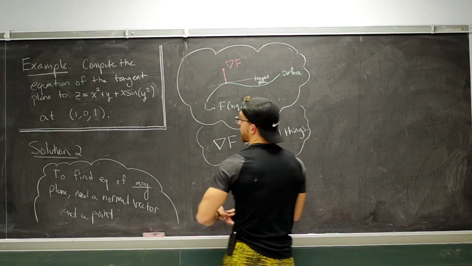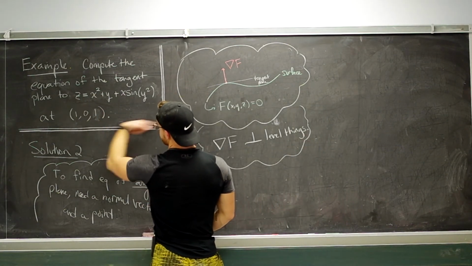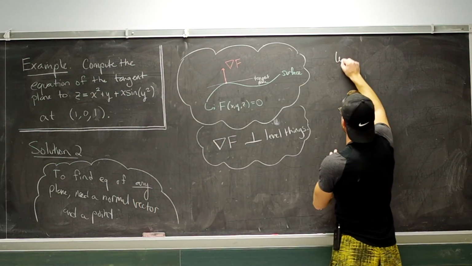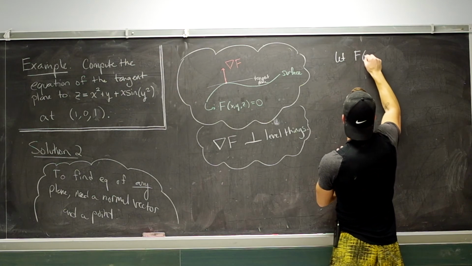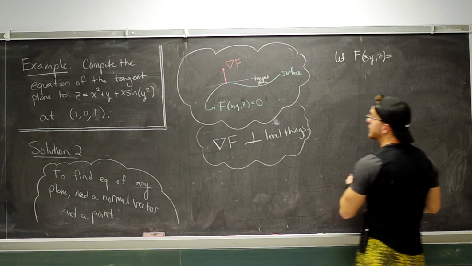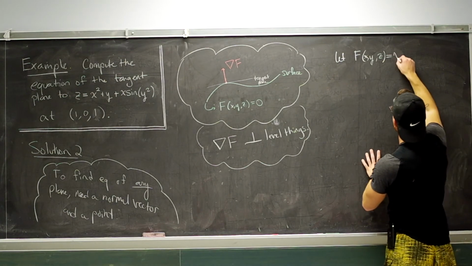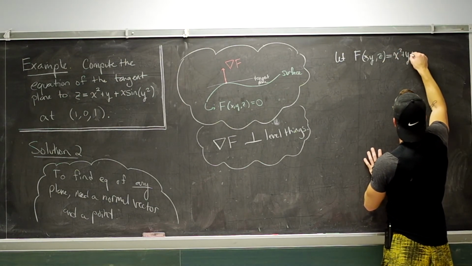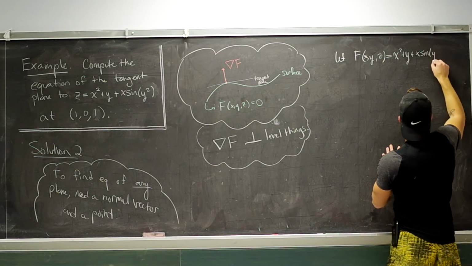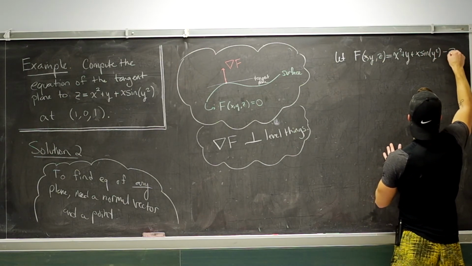So I could take the z over here and subtract it to be on the right, and that's what I would call F. So I would start out by saying, let capital F of 3 variables be x squared plus y plus x sine of y squared minus z.